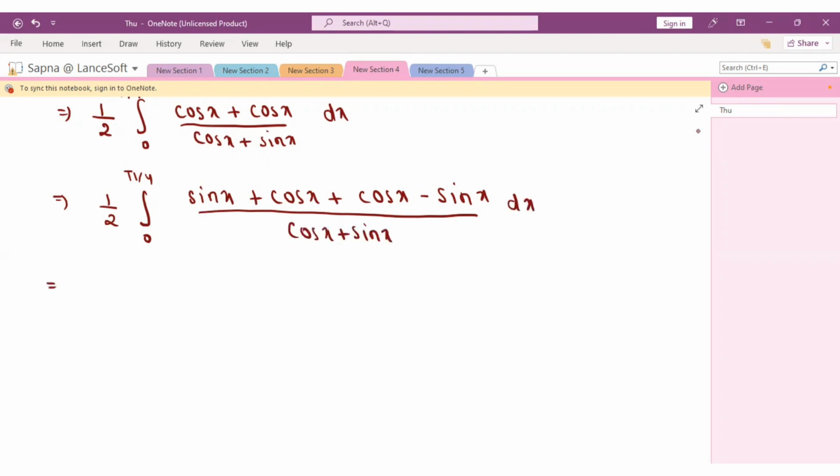Now let us move ahead. Here we are separating the LCM. So half integration from 0 to pi by 4, and then I'll write sin x plus cos x first, and then upon cos x plus sin x I have separated the LCM.